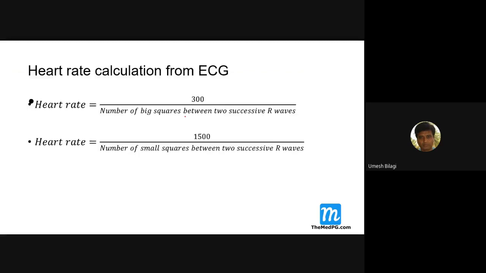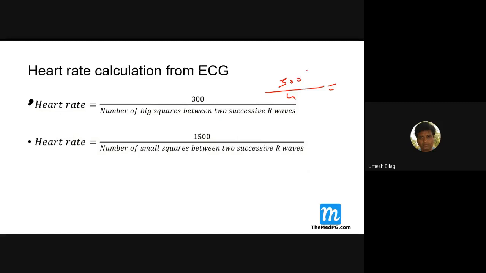I'll go to the next slide. So the number of big squares in this case is 4. So 300 divided by 4, how much will it be? Can anybody calculate it?